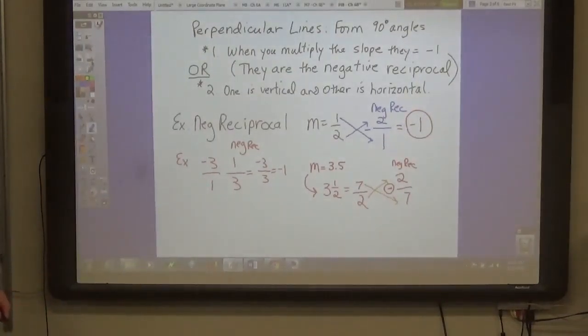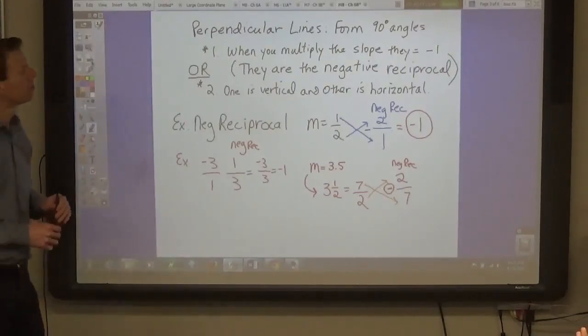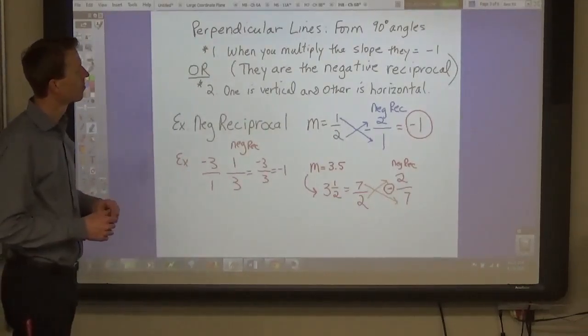I really want to challenge that. What do perpendicular lines have? How do you know if it's going to be a perpendicular line, Bailey? Based on the equation, they're going to cross each other.